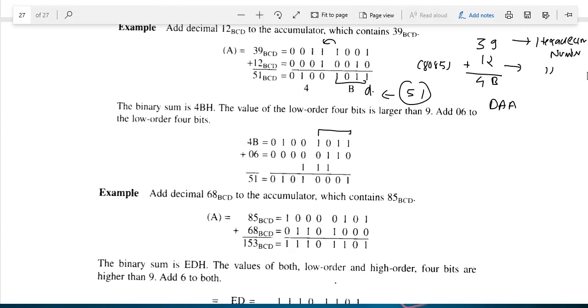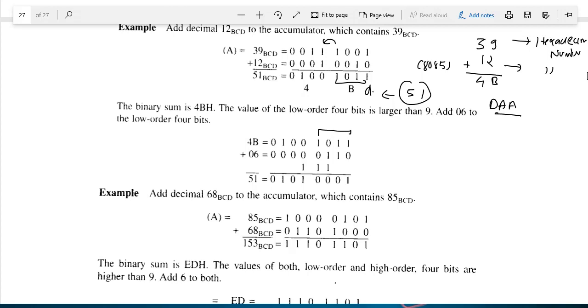Now we will see the use of the auxiliary flag. The auxiliary flag is always set when there is a carry from D3 to D4. So if there is a carry from D3 to D4, or if the result is greater than 9, in this case we will add 6 to the result. This is done with the help of the DA instruction. The result given by the microprocessor is 01001011.